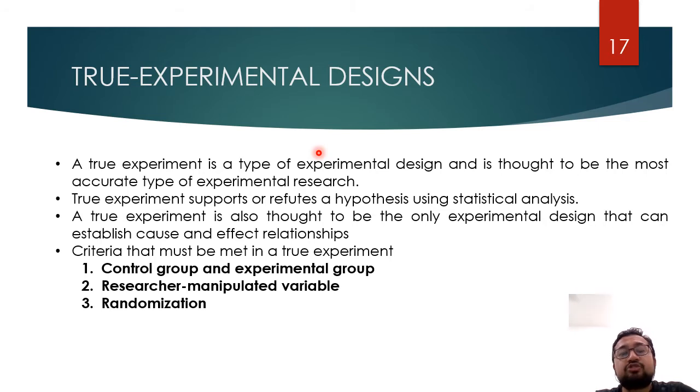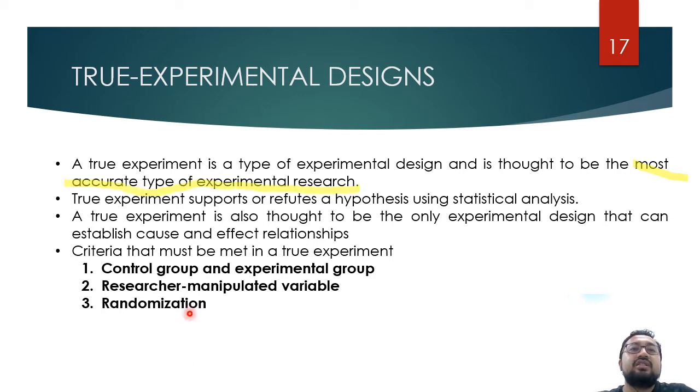When we call it a true experimental, maknanya adalah eksperimen yang secara sistematik, yang lebih kita kata reliable, dan juga validity dia high. Okay, dan ada dia punya syarat-syarat dia. Alright. So a true experiment is a type of experimental design and is thought to be the most accurate type of experimental research.